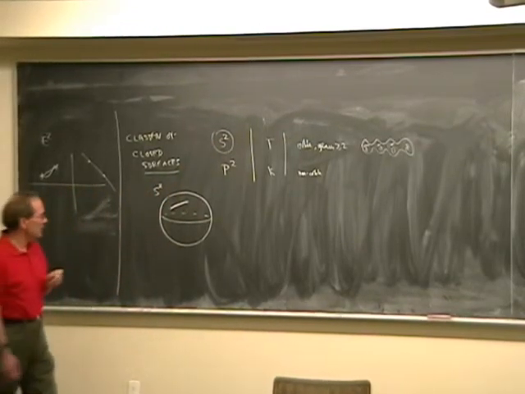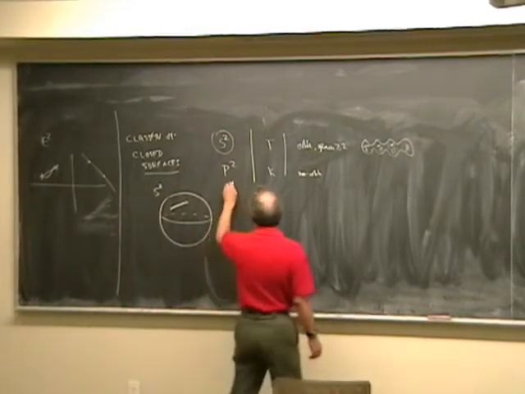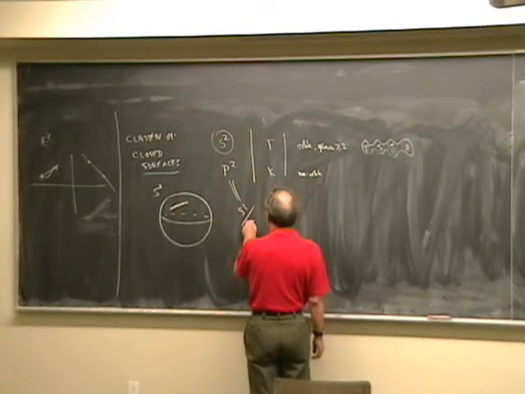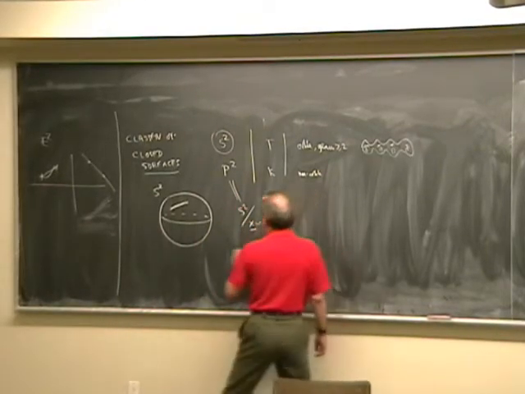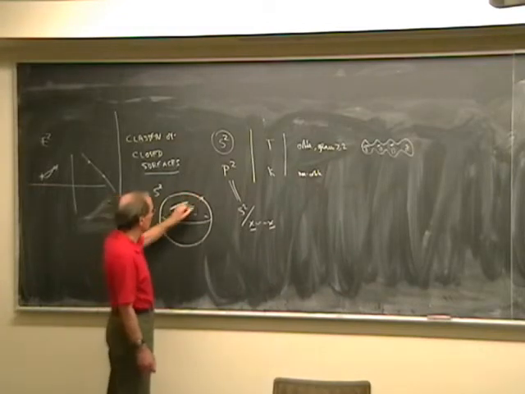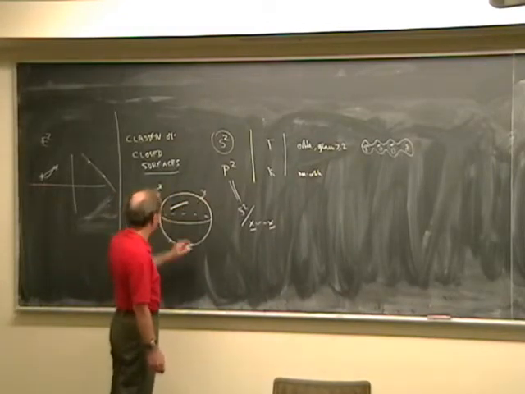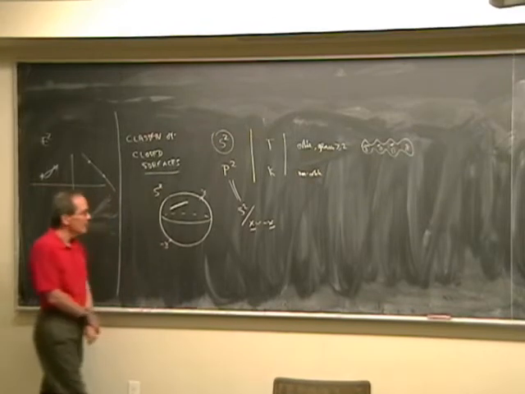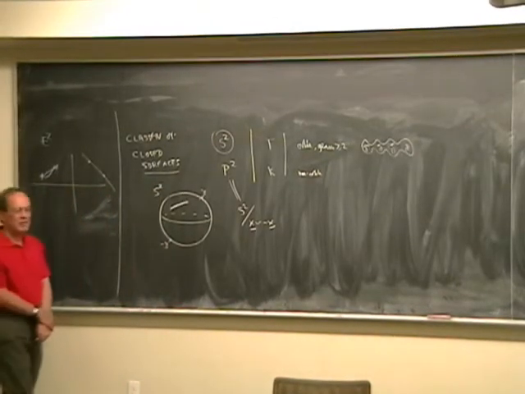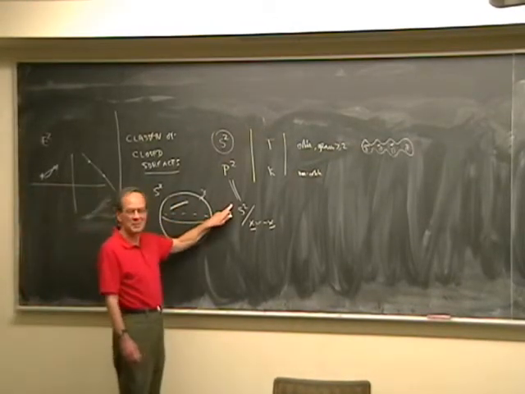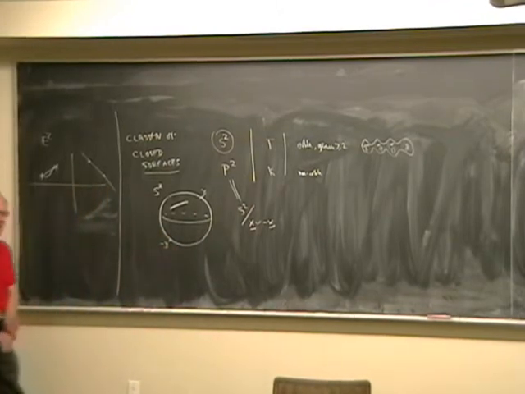Now what about the projective plane? The projective plane is obtained from the two-sphere by taking the quotient. We just identify antipodal points. Now, I can't draw you a projective plane. It's very hard to draw one, so we don't try.